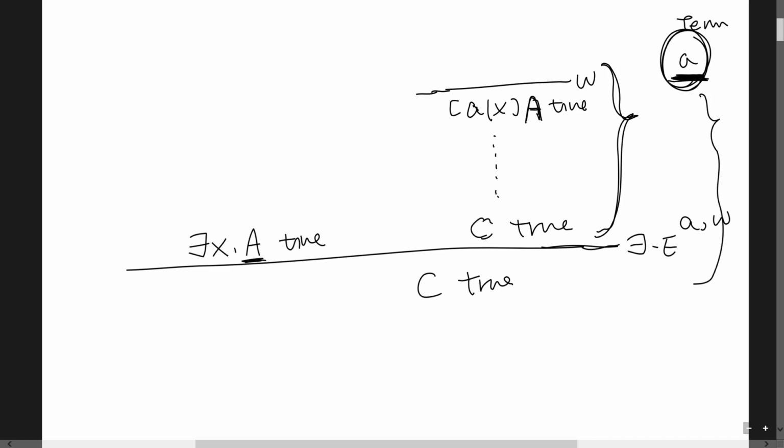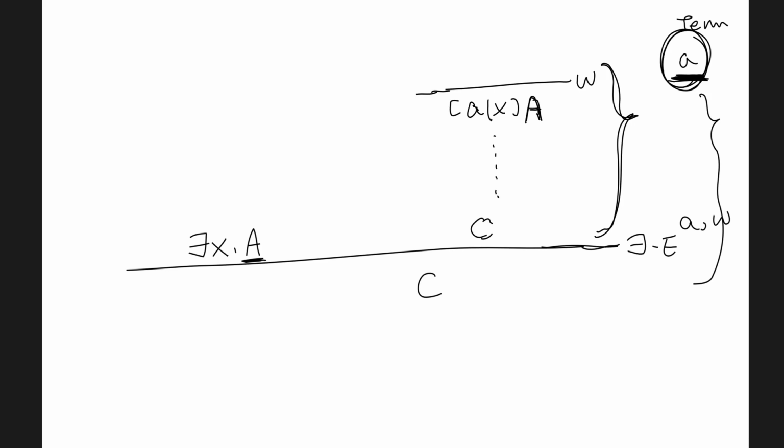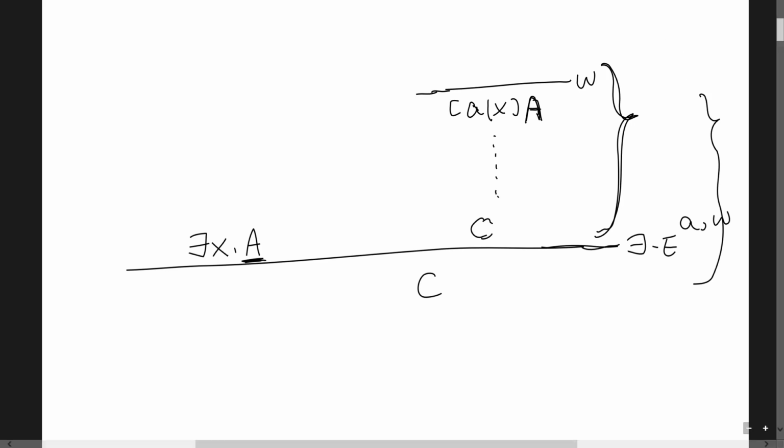Now let's get rid of this keyword true and then reinterpret everything in terms of proof terms. So suppose that we have proof term M, which proves this proposition, or this proof term M has this type.